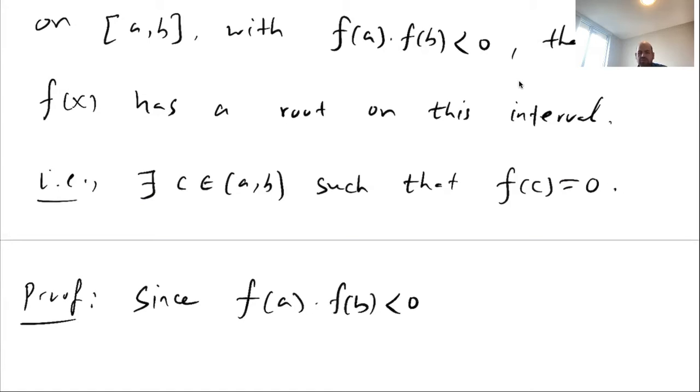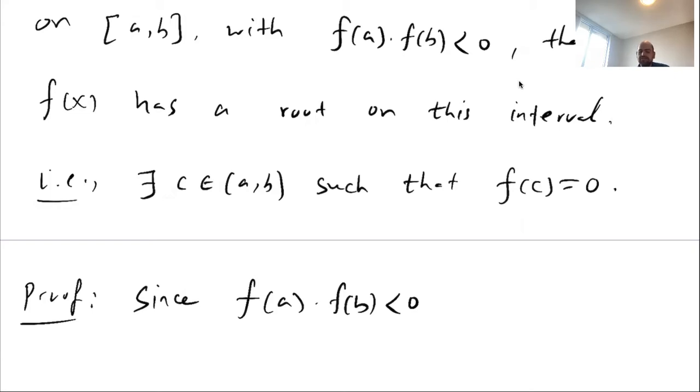Let's start with this assumption that says f of a times f of b is less than 0. If the product of two numbers is less than 0, then what can we say about those two numbers? This is something from elementary school. If the multiplication of two numbers is negative, then one of them should be positive and one of them should be negative, because if both are positive, the product will be positive.